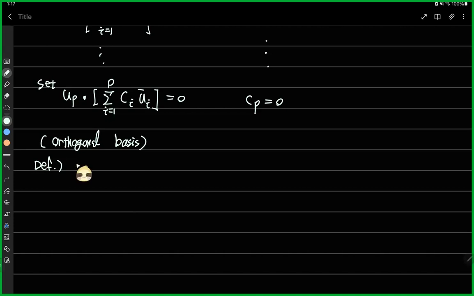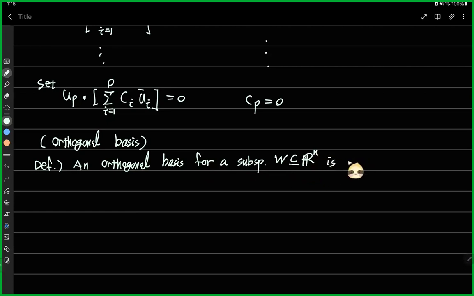So an orthogonal basis for a subspace W, which is in Rn, is a basis for W that is also an orthogonal set.